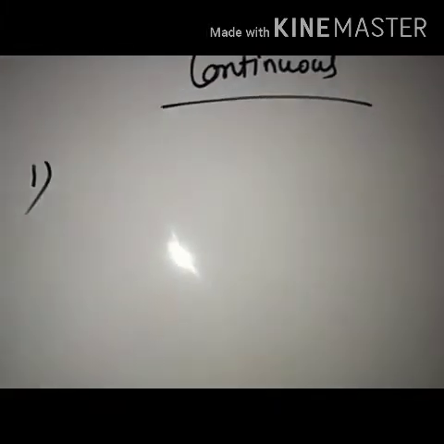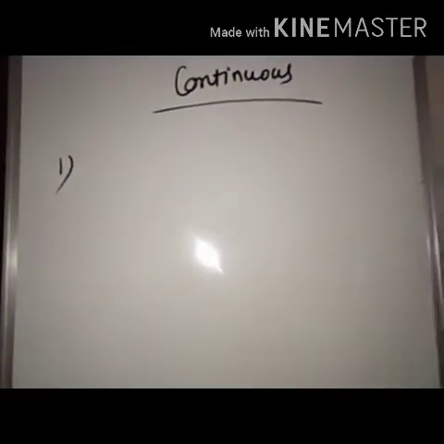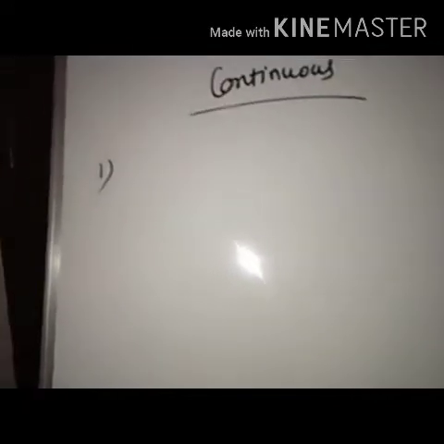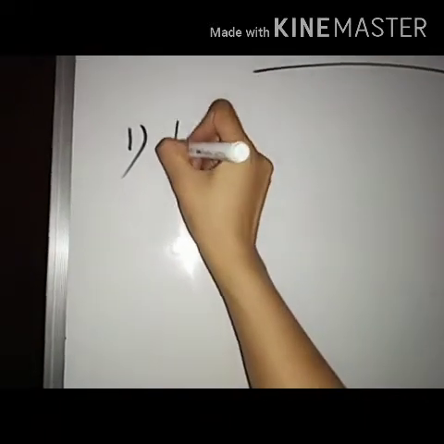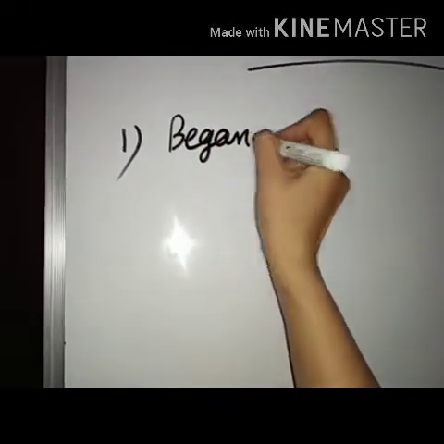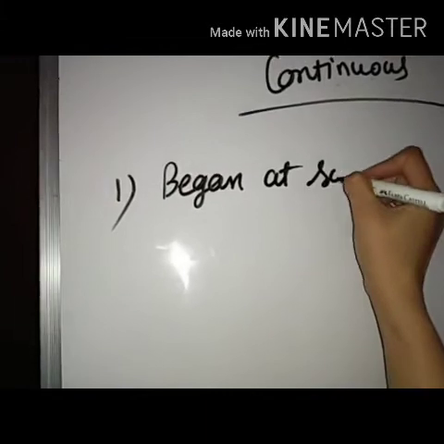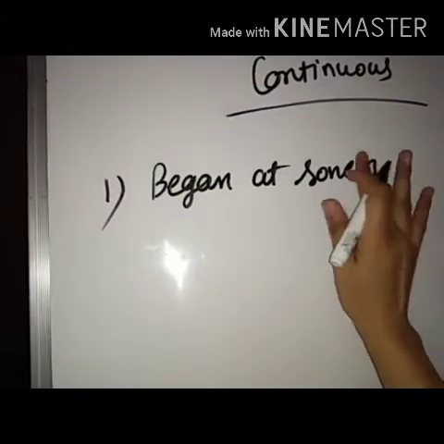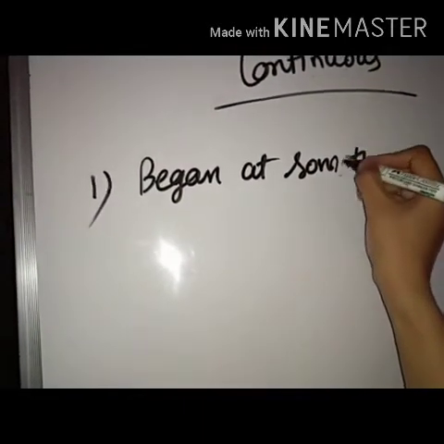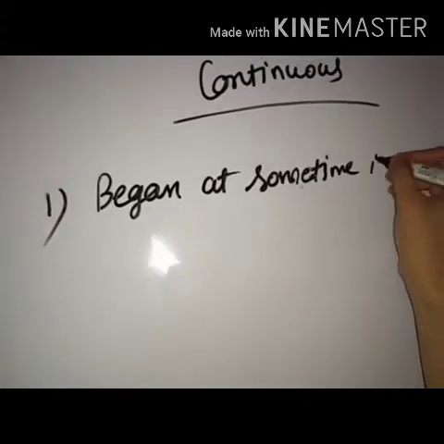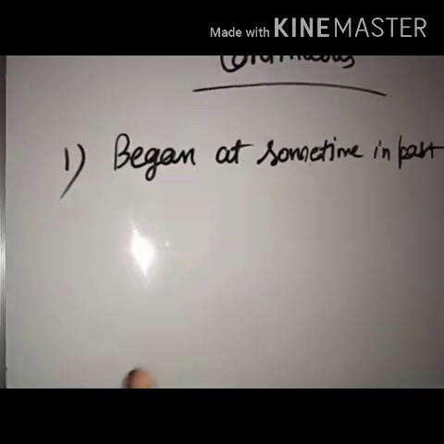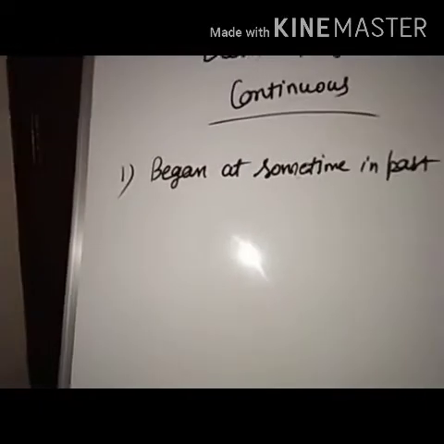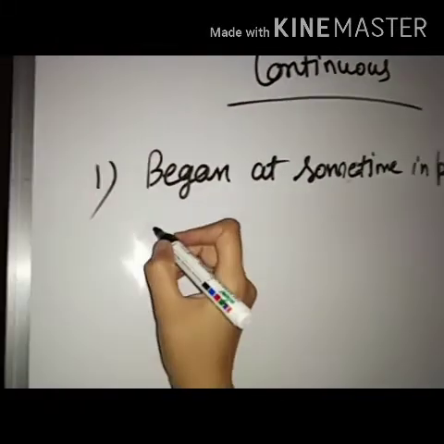Okay, first condition is to express an action which began at some time in past and it is still going on. Began at some time in past and it is not finished, it is still going on at the moment of speaking.